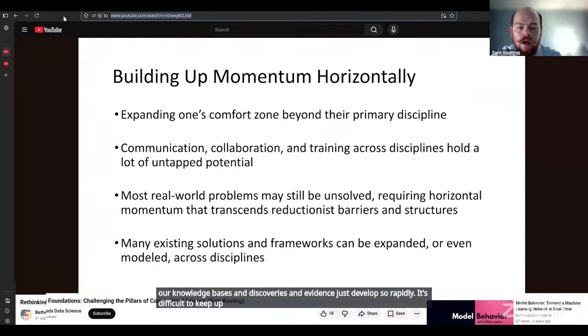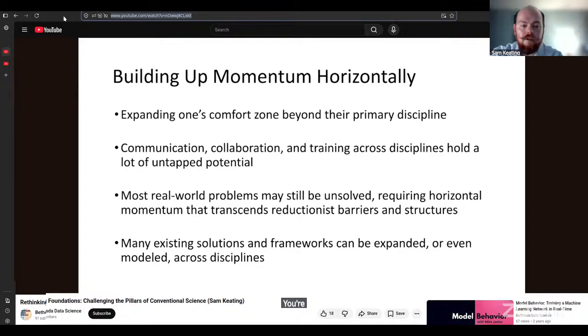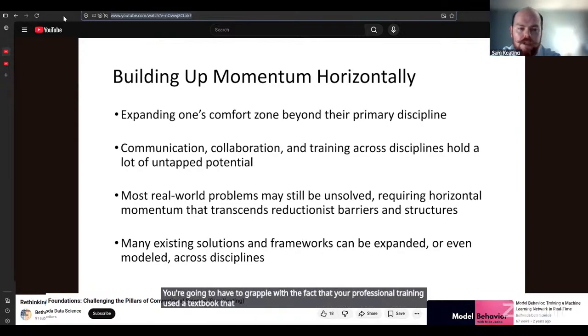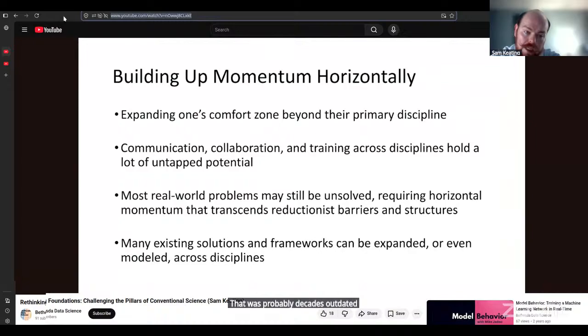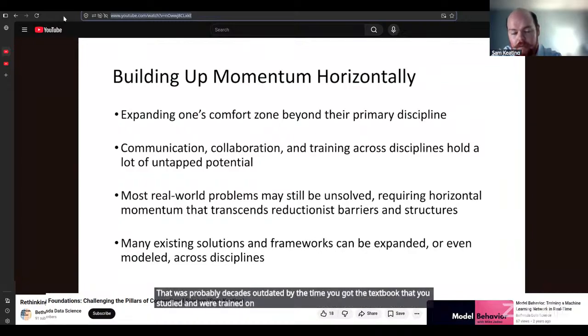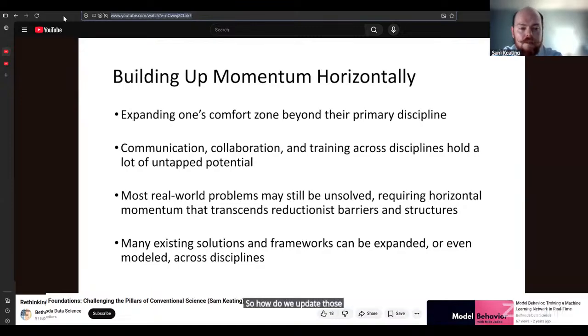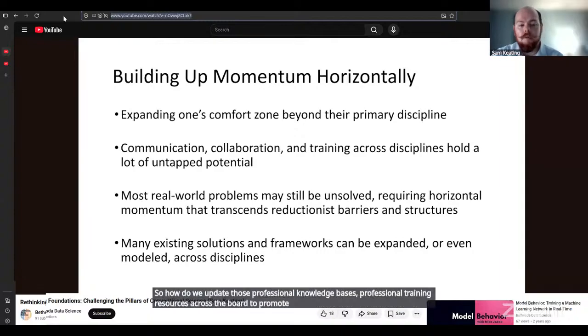So if you're a neuroscientist and you want to dabble with immunology, or vice versa, you're going to have to grapple with the fact that your professional training used a textbook that only briefly touched on that secondary discipline, that was probably decades outdated by the time you got the textbook, that you studied and were trained on decades ago. So how do we update those professional knowledge bases, professional training resources across the board to promote better communication, collaboration, and training across disciplines?